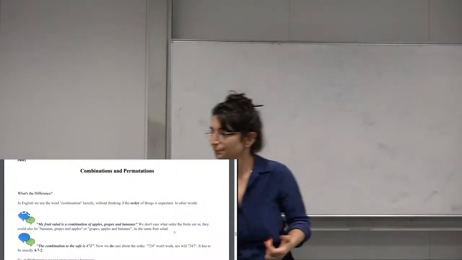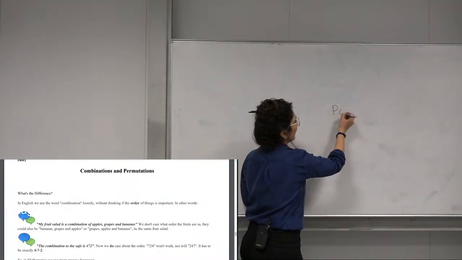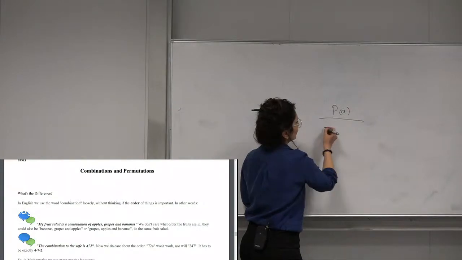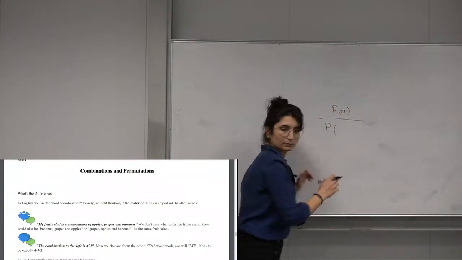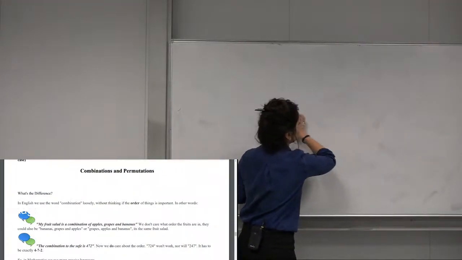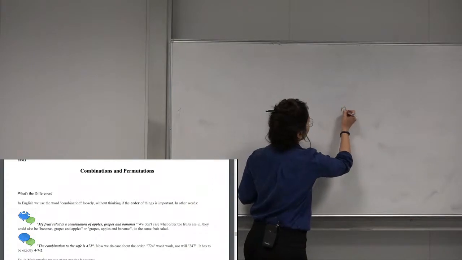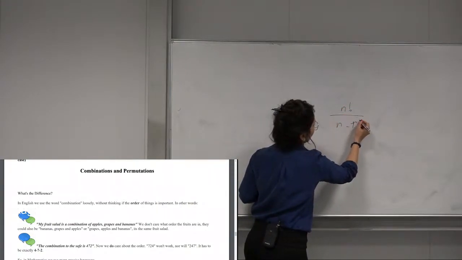So then it is the probability of what is happening A divided by P of... oh no, okay, let me do it like this. It's easier for the calculation. N factorial divided by N minus R factorial. This is for permutation.